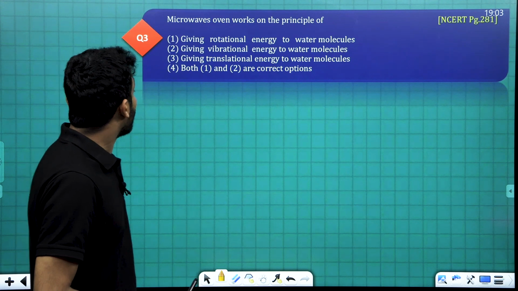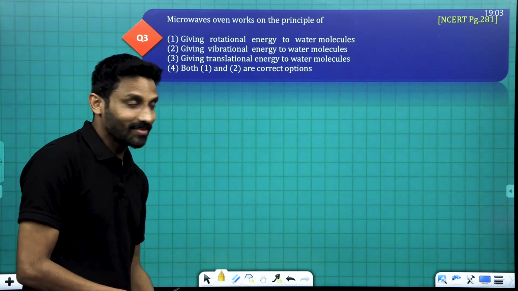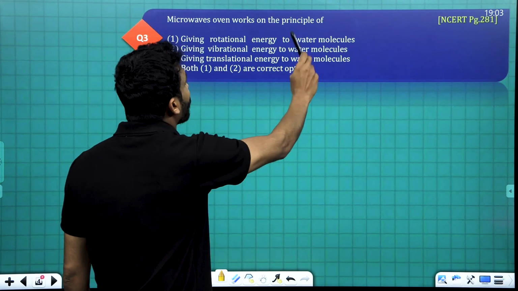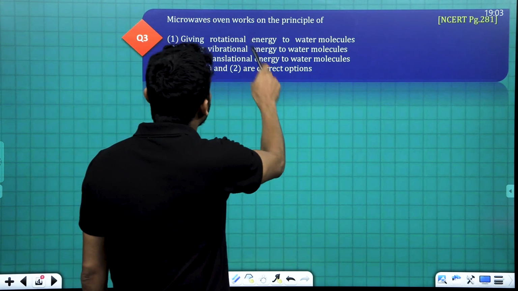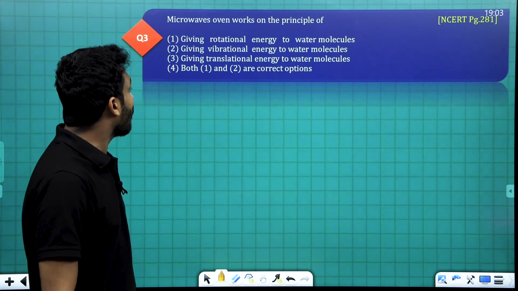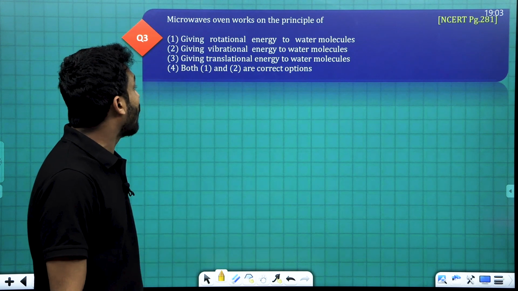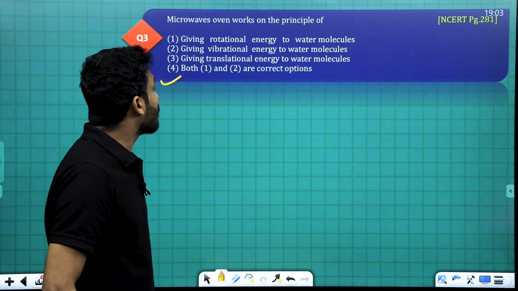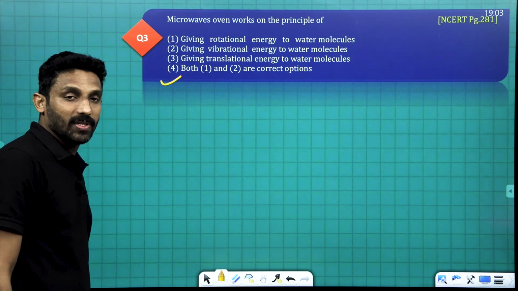Number 3, microwave oven works on the principle of giving rotational energy and also vibrational energy to water molecules, and it is heated. So both 1 and 2 are the correct options in the case of microwave oven.